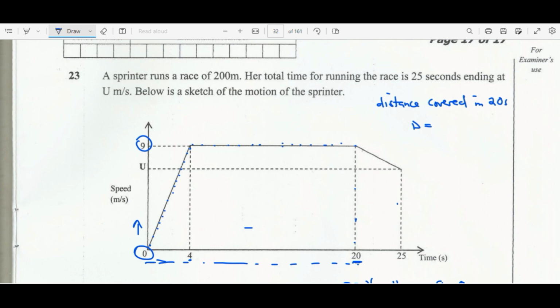Now when you look at this, you find that this is the distance. This shape here is a parallelogram, so we're going to put it like this. This is how it is looking. From 0, we have 20 there, and we also have a 9 there, and 9 here.